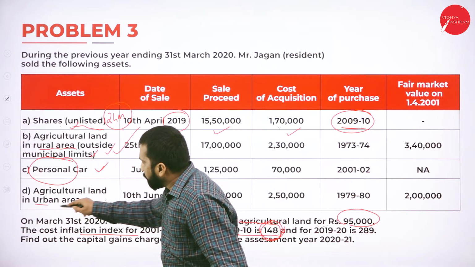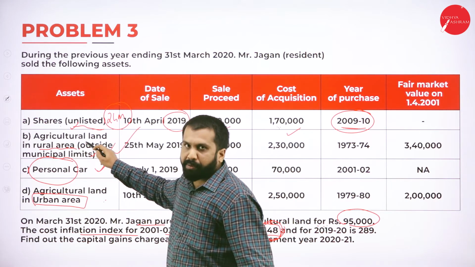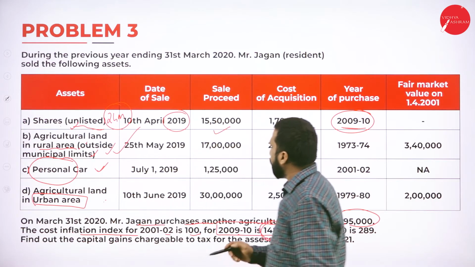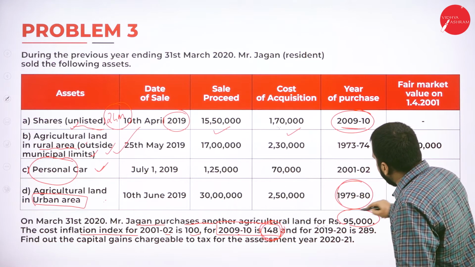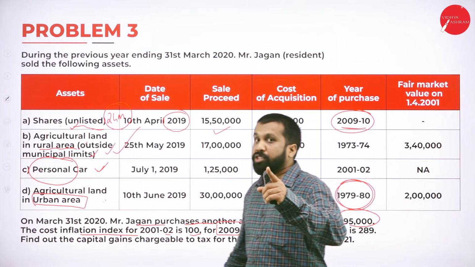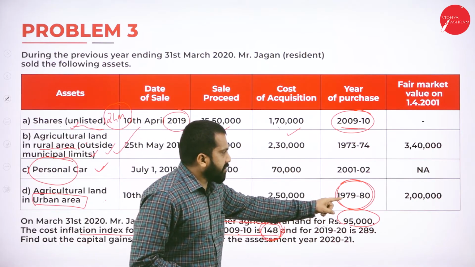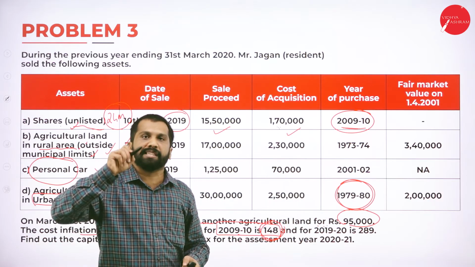Agriculture land in an urban area. See, rural area is not a capital asset, but urban area, yes, it is a capital asset. Now, it was purchased in 1979-80. But which year should you take? Very good. Even though it was purchased in 79-80, we should consider 2001.